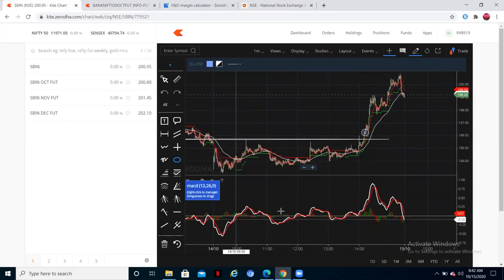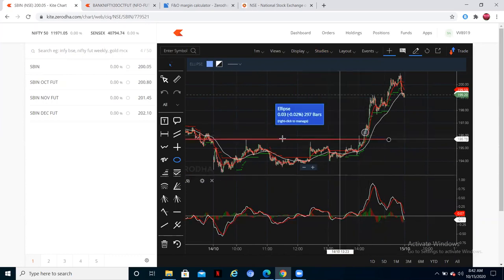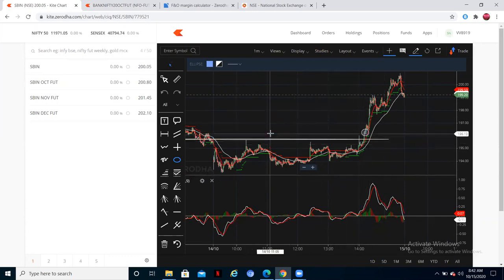For using the MACD, first of all, entries are always found on the 1 minute chart, as you have been doing till now. We are just using this indicator as confirmation of whether our entry is correct or a false signal. There can be a lot of false signals, so for that we use the MACD. You will analyze the MACD on the 5 minute time frame.